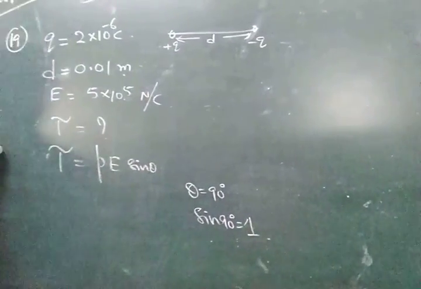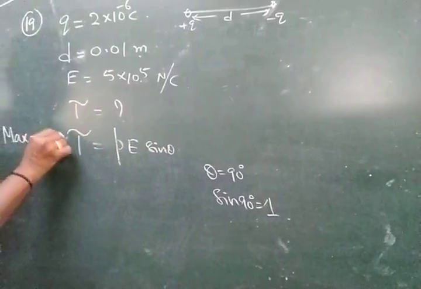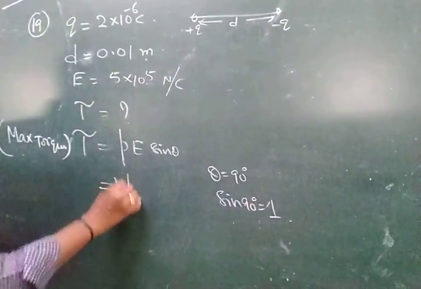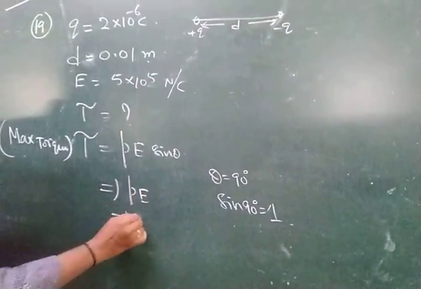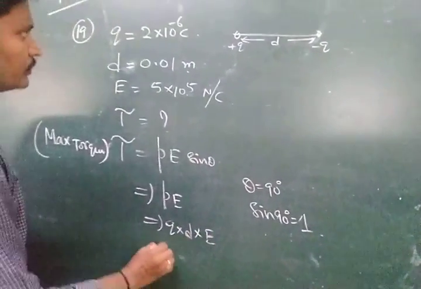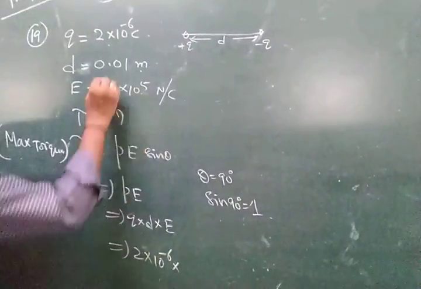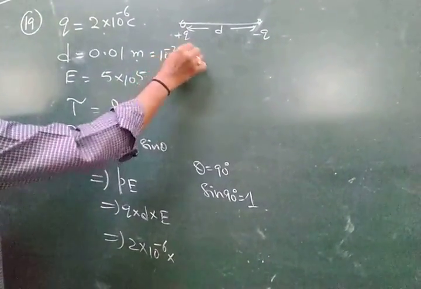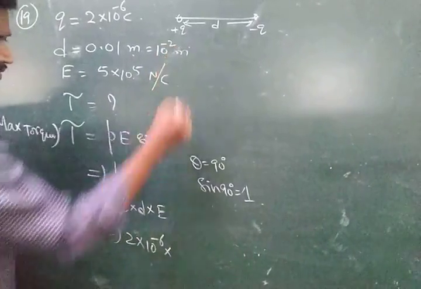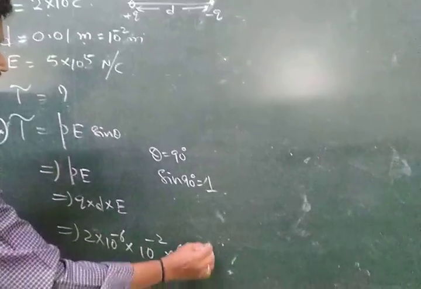So maximum torque is Q into d into E. Q is 2 into 10 power of minus 6, the distance is 10 power of minus 2 meter, and the electric field is 5 into 10 power of 5.